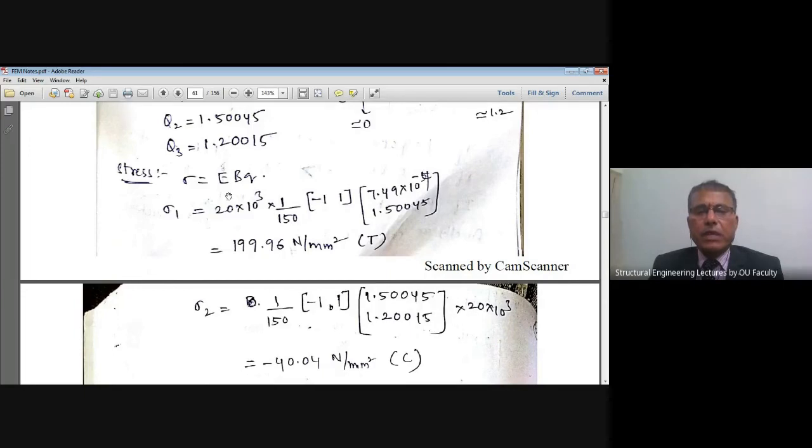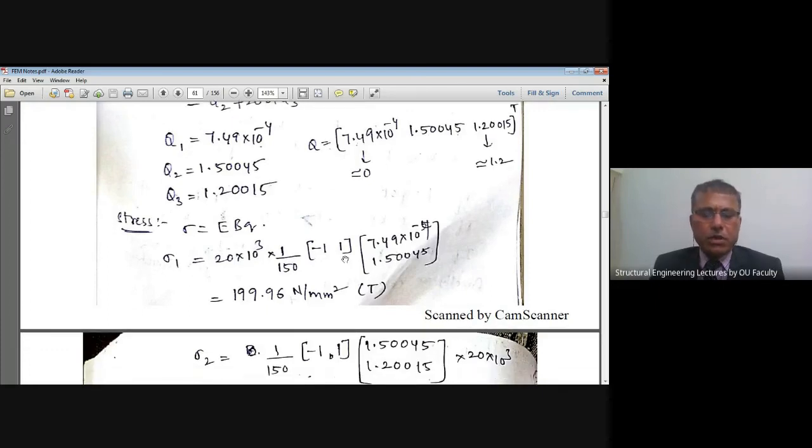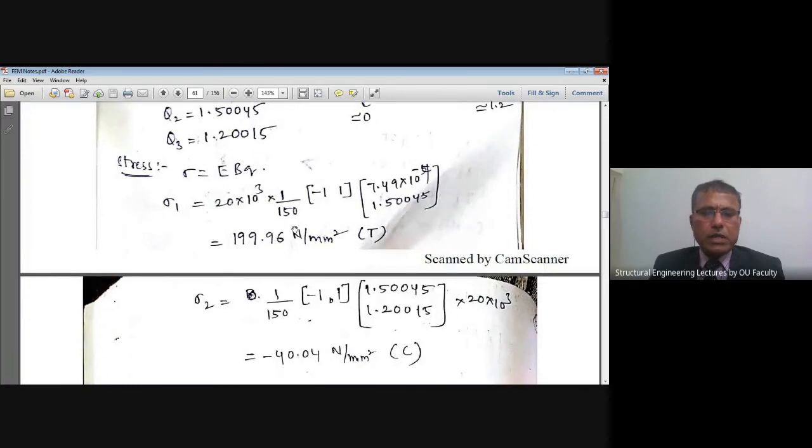Q for the first element is Q1, Q2. Q1 is already just now obtained as 7.49 × 10^-4, a very small value, yet it is taken by the same value. Q2 is 1.5. Upon multiplication I'll get 199.96 Newton per mm square.